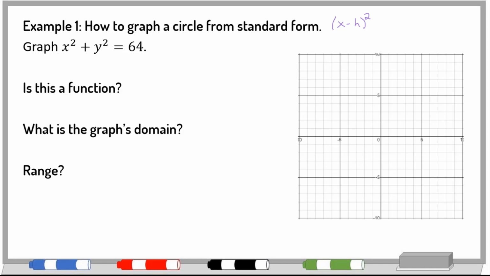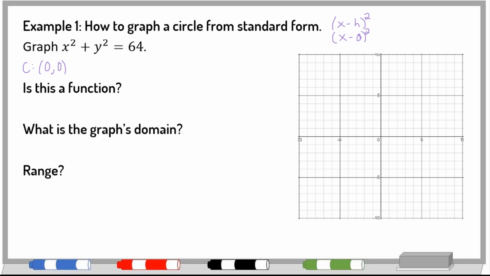So in case it wasn't obvious, that means that h would have had to have been 0. That's the only way that works. If it's anything other than 0, then we should have parentheses. So our center for this has to be at 0, 0, because we don't have parentheses with either of these. We're not adding or subtracting anything to our x or our y value.